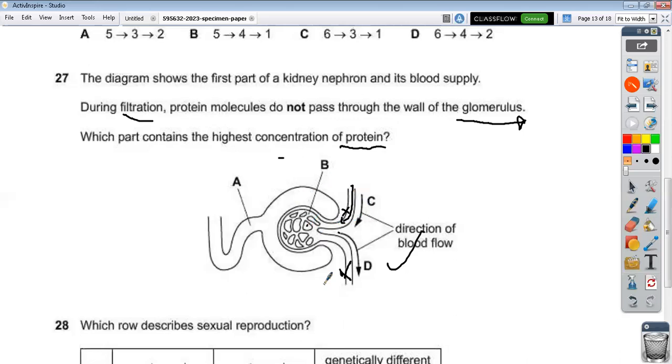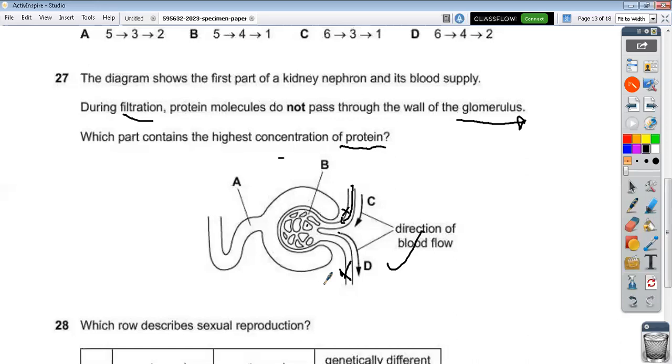Number two, reabsorption. What does reabsorption involve? Are proteins reabsorbed? No. So you see, I'm trying to give you the reason why it is the answer.